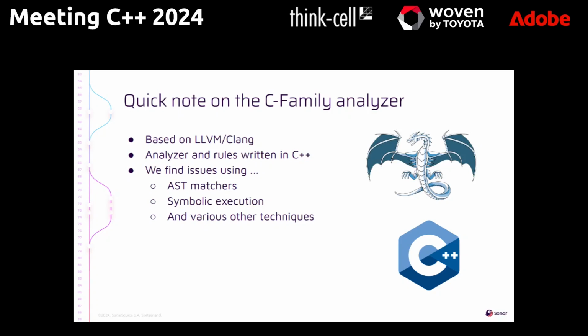Our workhorses are AST-based rules, AST matchers we use to check and verify if that rule really holds, or if we find violations. And yet another technique that proves to be quite fruitful is symbolic execution. I briefly want to talk you through that, so that you have an idea of how it's going on, how we find stuff, and then I show you what we actually found.